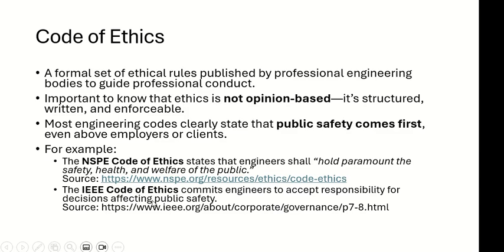This is from the US, and you can download basically the entire code from here. This is the National Society of Professional Engineers. I believe it's Canadian or American, one of them, but this is very famous. Both of them are international examples.